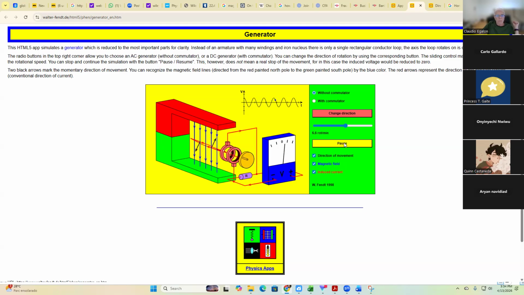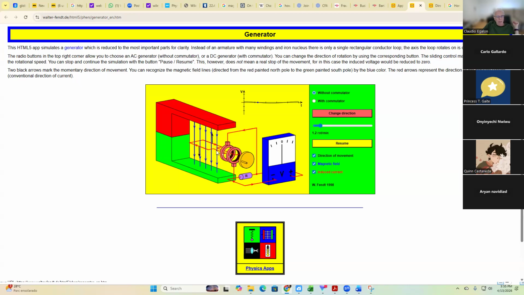How it works. Let's see if I can. I'm going to put it very slow too. Let's see here. I'm going to copy those pictures in. When the black vector is almost aligned with the magnetic field, see that?